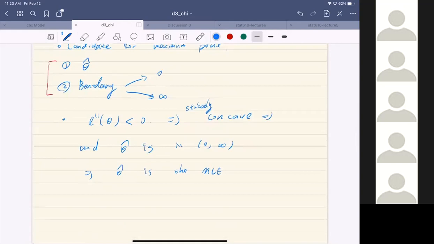So it's the maximum and cannot be on the boundary. So theta hat is the MLE.